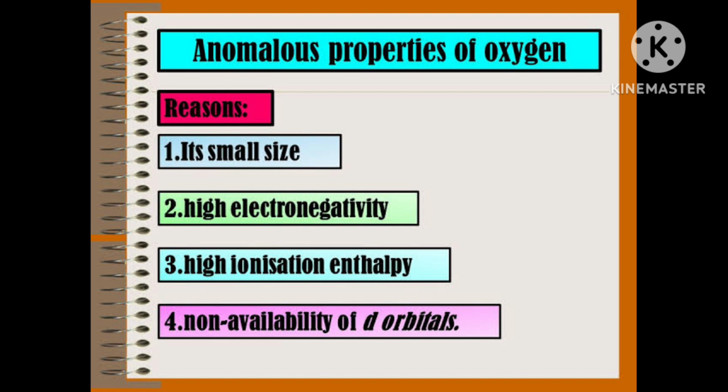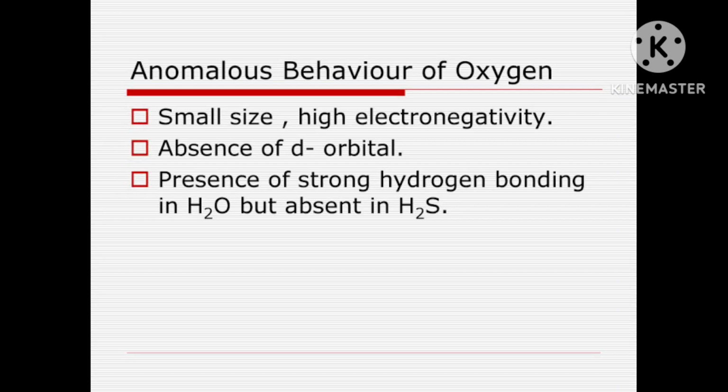And again another important thing, reducing properties of dioxides. Reducing means giving electrons. The reducing properties of dioxides decrease from SO2 to TeO2, sulfur dioxide to tellurium dioxide.